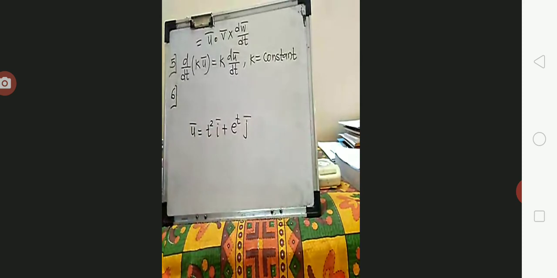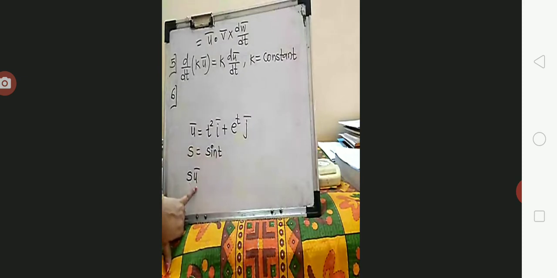I'm taking only a two-dimensional vector, and suppose the scalar function s, I'm writing it as sin t. This is my scalar function. Now what is s into u bar? See, there is no dot here because these are not two vectors. Please understand this. One is scalar and the other one is a vector function. So there won't be any dot or cross.